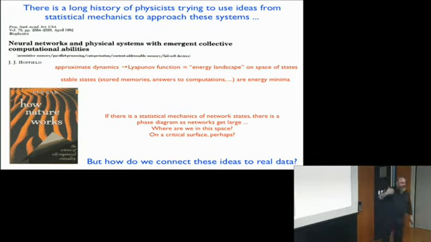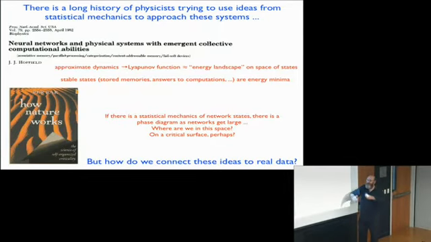And so one could then think about the dynamics as being the network sort of rolling downhill on some energy surface. And not only that, but you could understand then that the local minima of the energy surface, where the dynamics would stop, would be the answer to your computational problem.